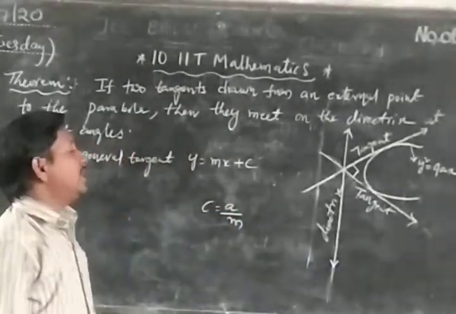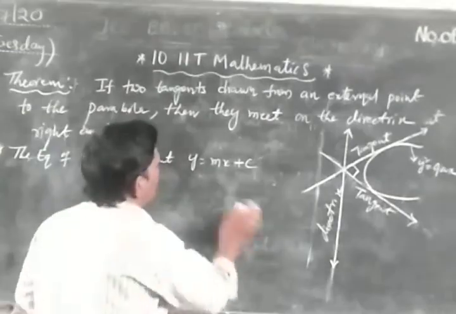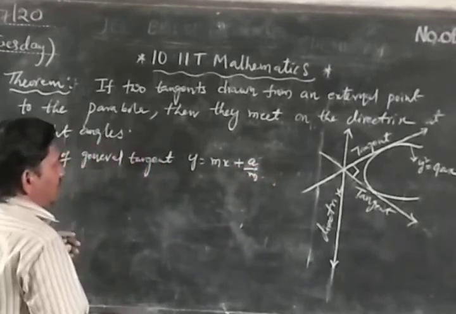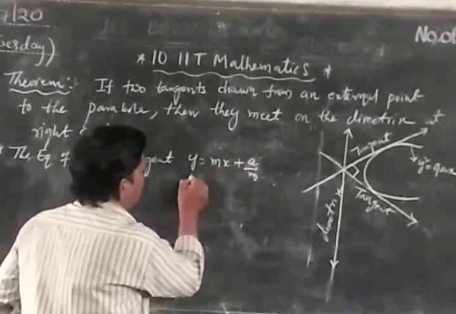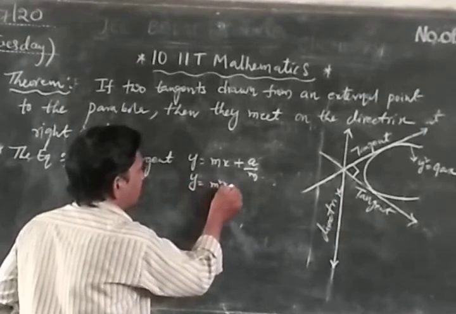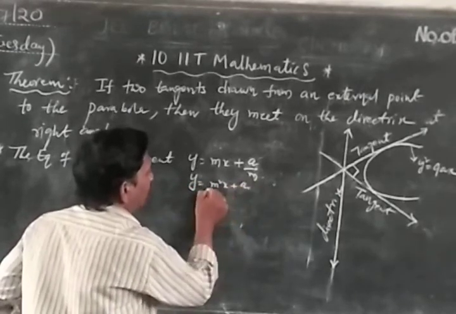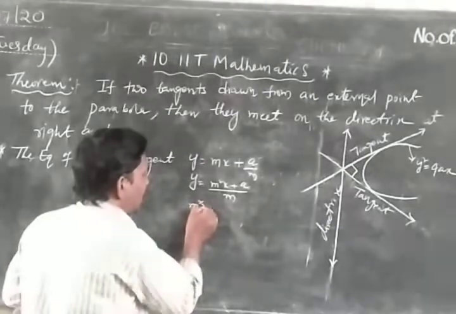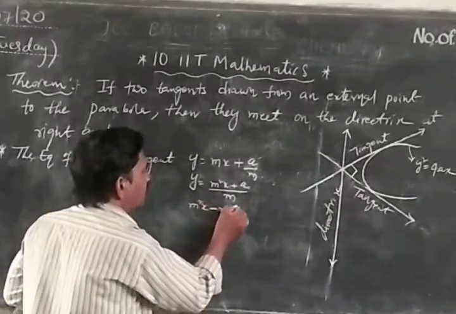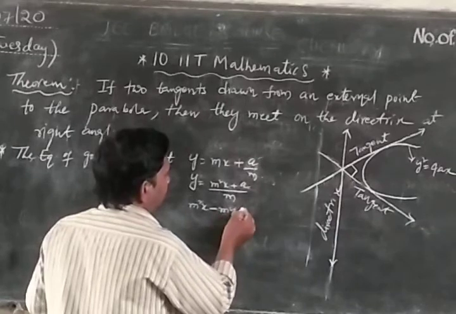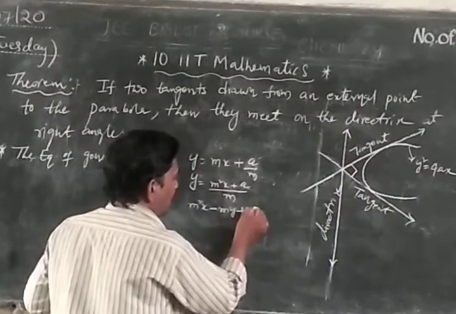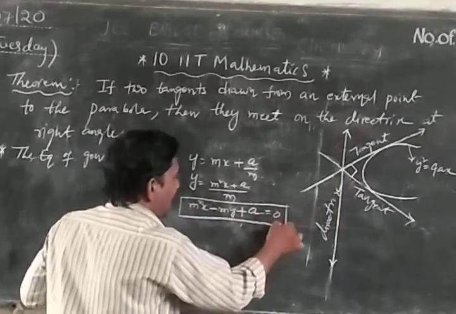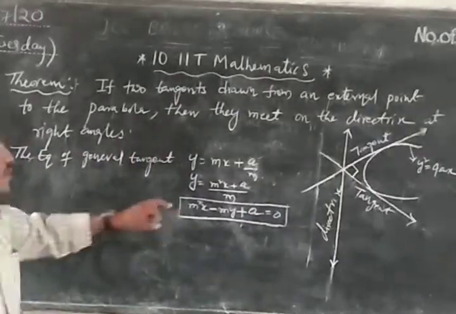So in the place of c we write a by m. By the transposition, m square x minus ym plus a equal to 0. This is a quadratic equation in m.